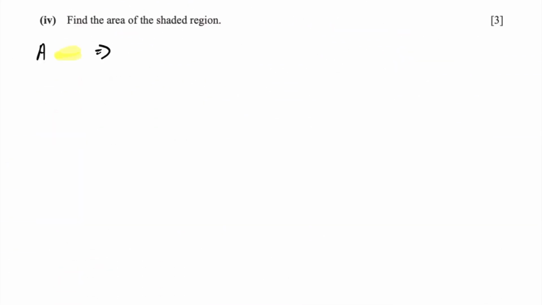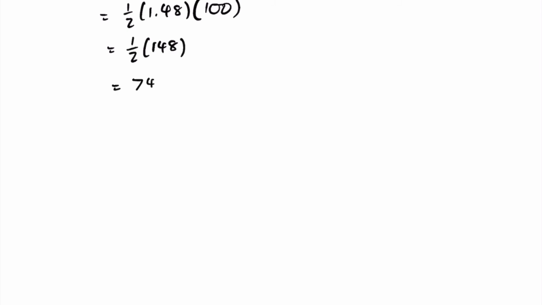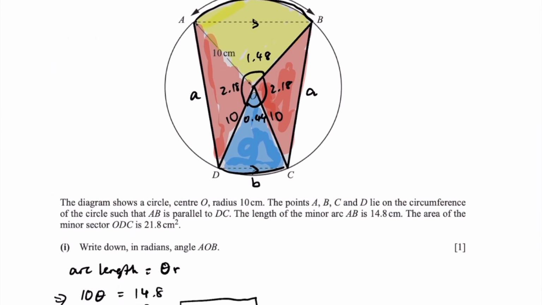So it's equal to half times 1.48 times 10 squared, which is half times 1.48 times 100. 100 times 1.48 is 148, so this is equal to 74 cm squared. And they've already given us ODC, so blue is already sorted. It's 21.8.